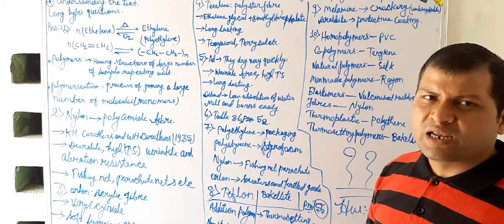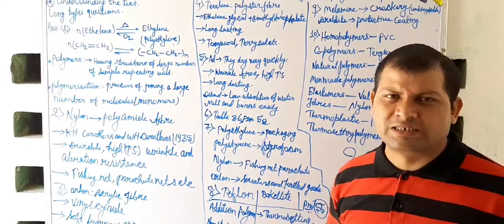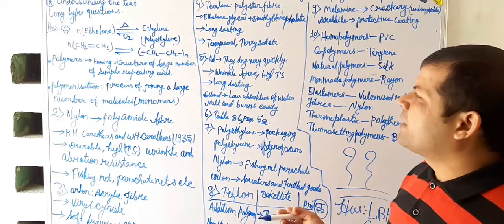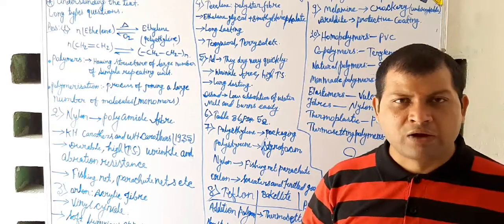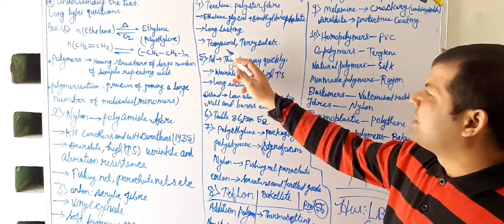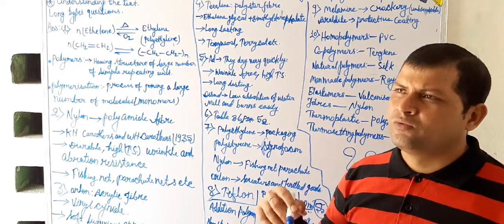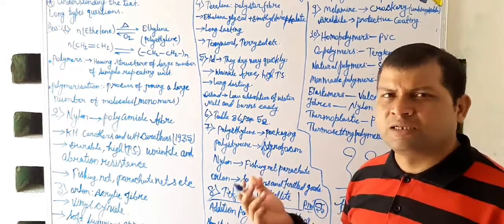The property of terylene is that it is a long-lasting polymer, and it shows good blending capacity, and that's why we generally mix terylene with cotton, wool, and silk.